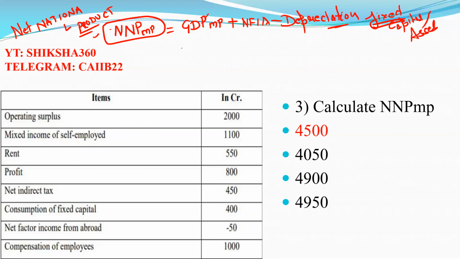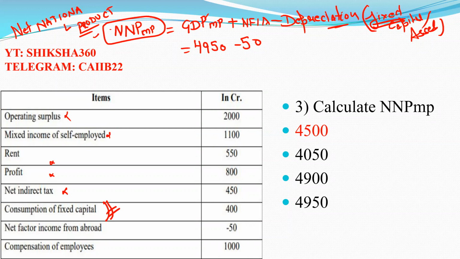GDP at market price, which we have already calculated, is 4950, plus NFIA of minus 50. So what is the depreciation here? Not this one, not this one, not this one. Depreciation here is this one: consumption of fixed capital, which we use as depreciation.